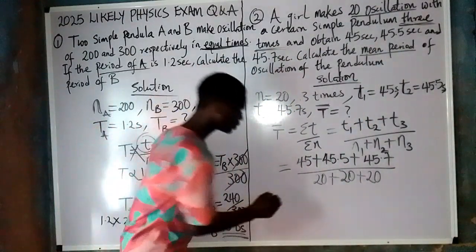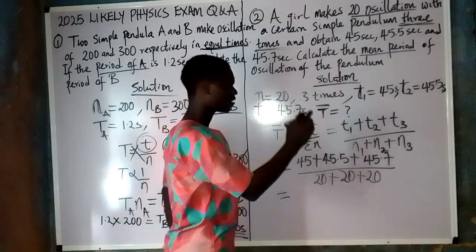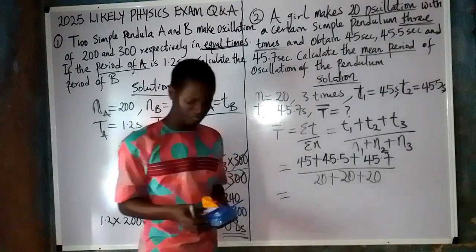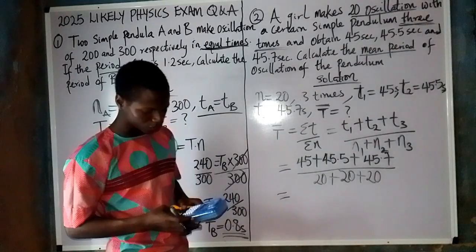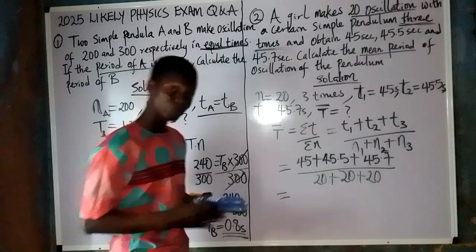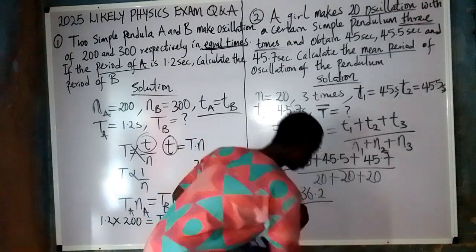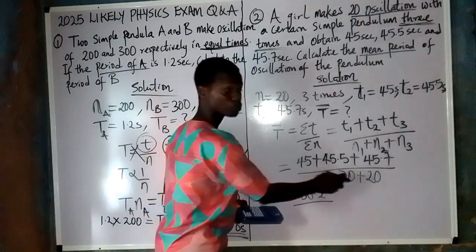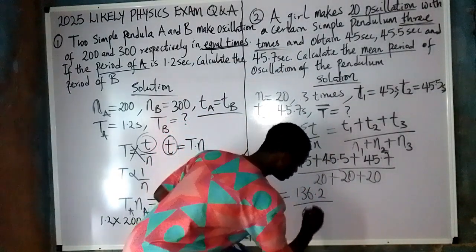Now let's see what we will have from here. 45 plus 45.5 plus 45.7. Let's see what we have. We have 136.2 over 20 plus 20, 40, plus 20 is 60.